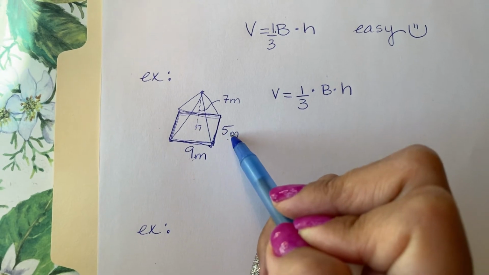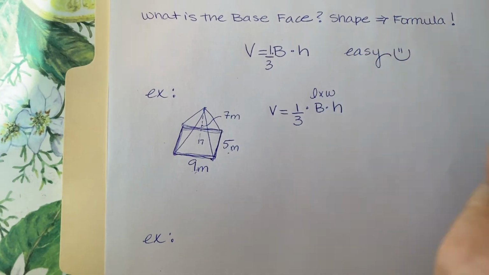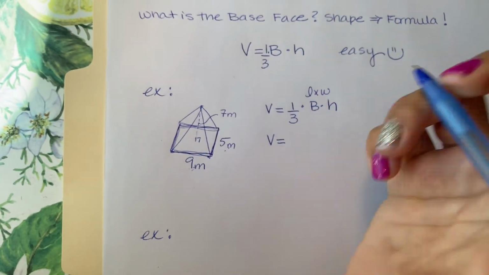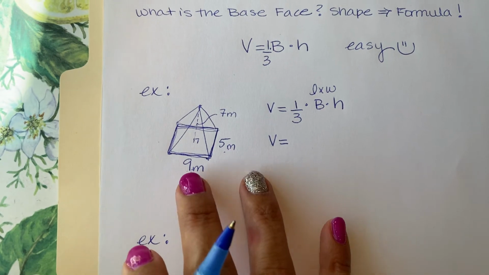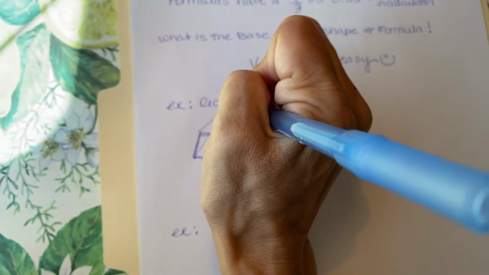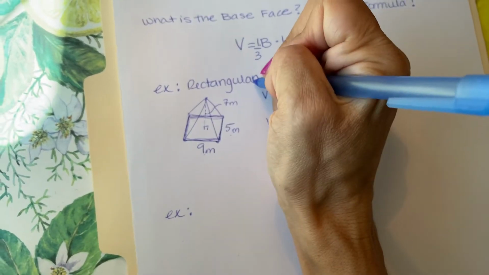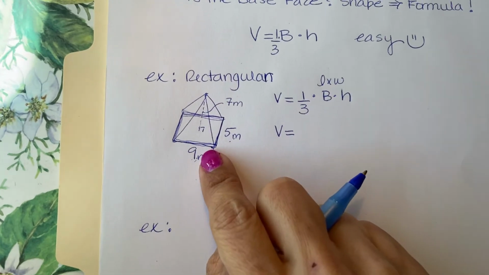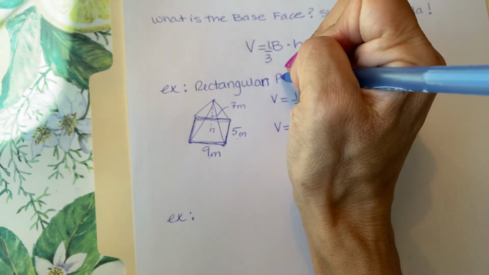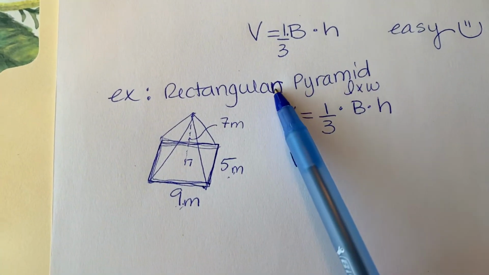If it's a rectangle, the formula of a rectangle is length times width. So my exact formula for this rectangular pyramid, it's a rectangular pyramid because the base is a rectangle, but it has the pointy top, so it is a pyramid.